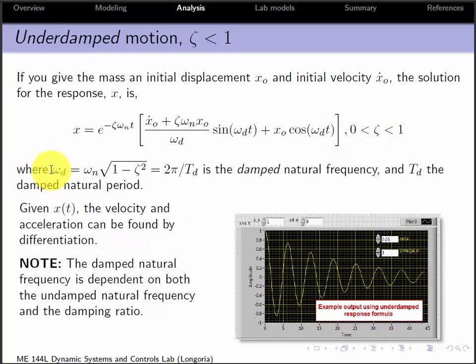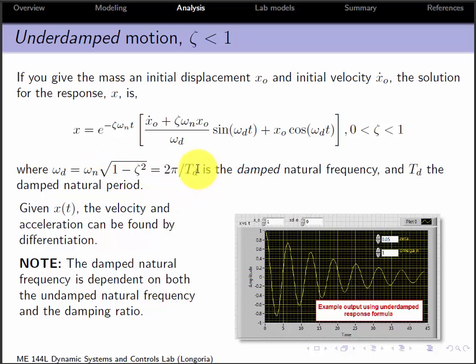The other important parameter is that now, in the underdamped case, we're defining a new natural frequency, the damped natural frequency. And look how it's related to the undamped natural frequency: through this zeta, the square root of 1 minus zeta squared term. If zeta goes to 0, that's just the undamped case. But zeta is otherwise making your frequency smaller for the underdamped case.